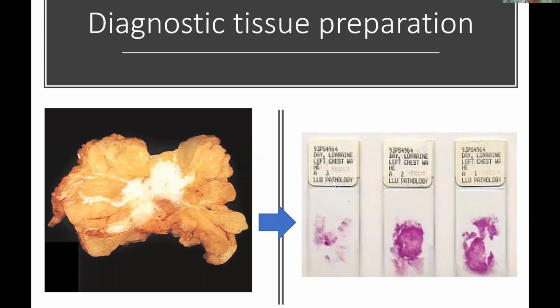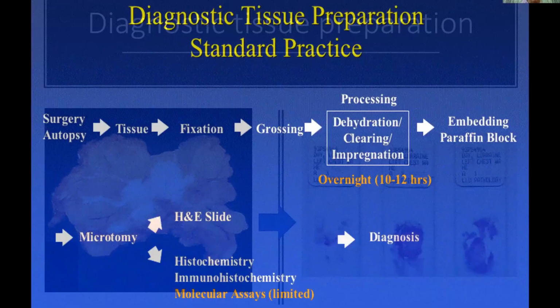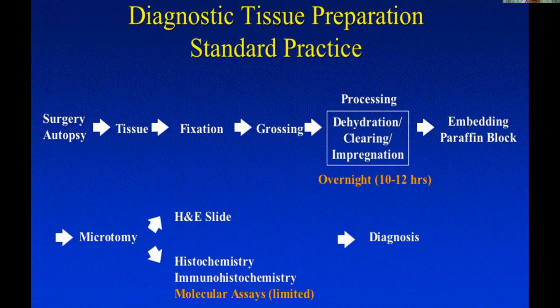I just want to briefly tell you what processes are involved in slide formation. When we get specimens from you, after you do the surgery or the autopsy, you need to immediately put all the specimens into formalin, because fixation is the first step.